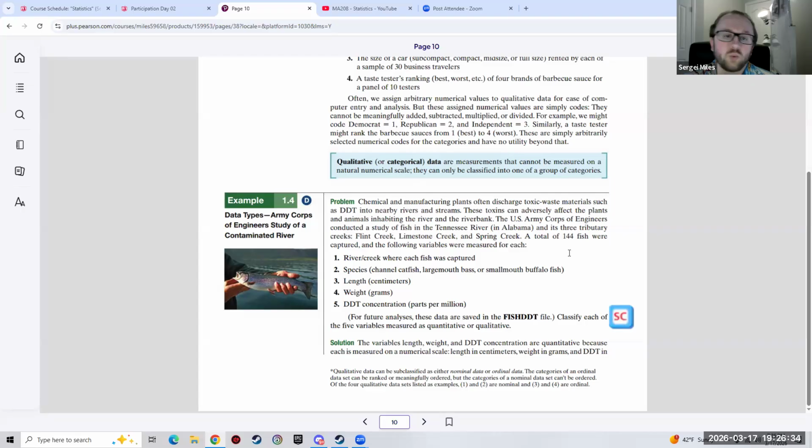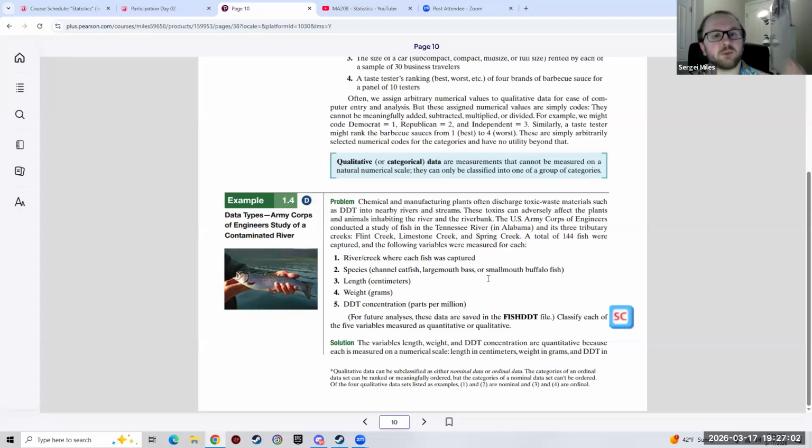We just have no way of collecting information on every single fish in this population. So we have a sample of these 144 fish, taken from the population, where we hope this sample can tell us information about the larger population we're trying to study. And this is our experimental unit, the fish.